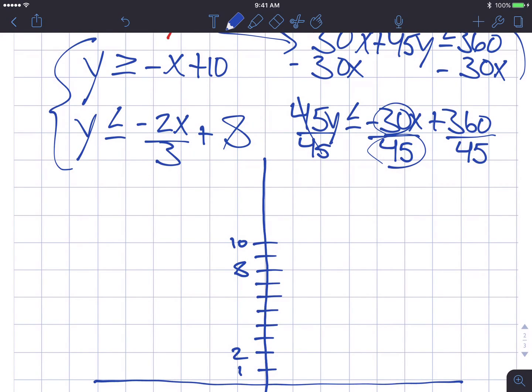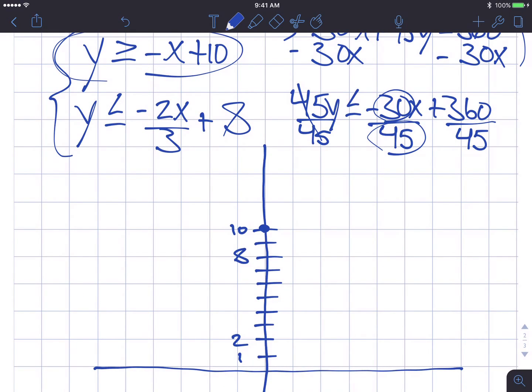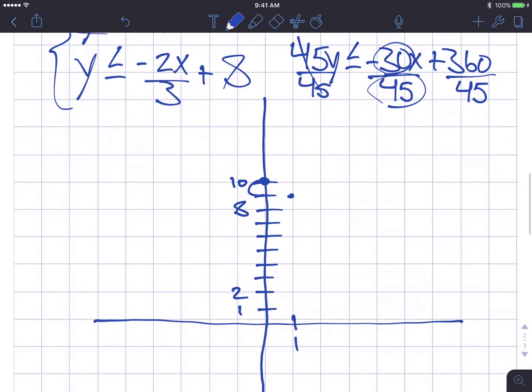So starting here, we're going to start at 10. And then remember this is a 1 right here, rise over run. We're going to go down 1 and run 1. And it's a solid line.